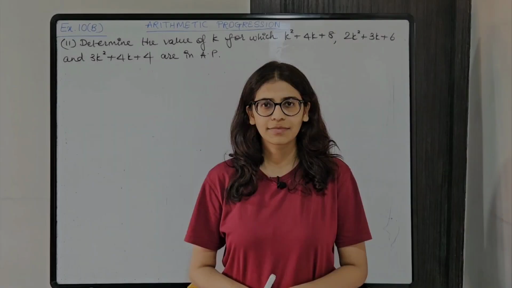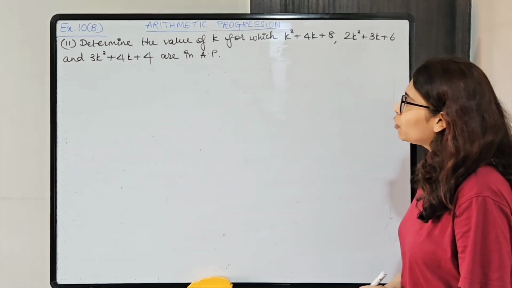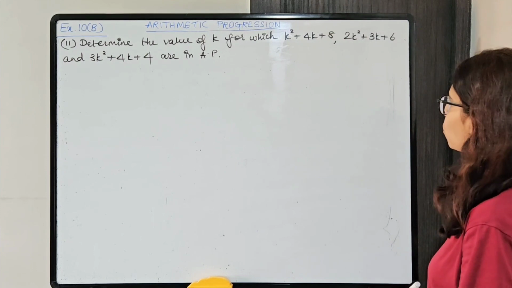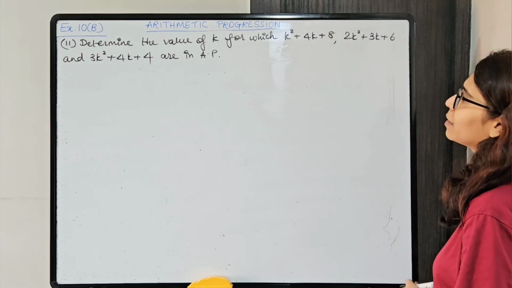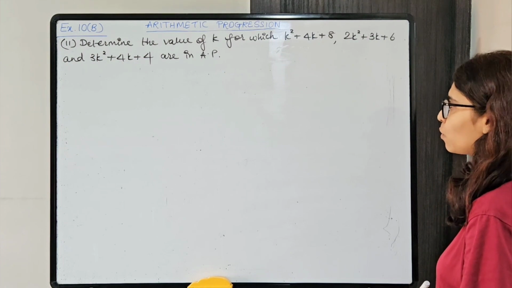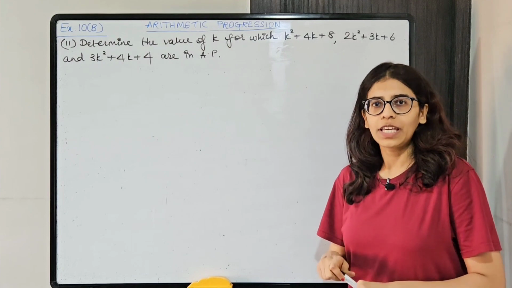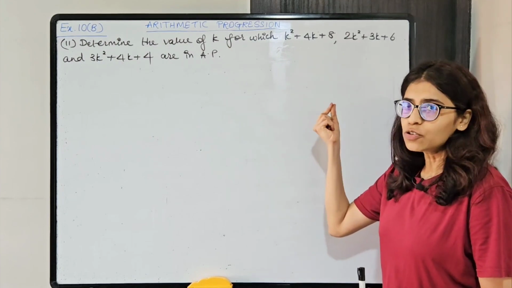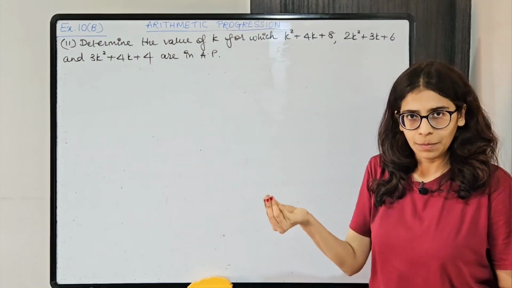Okay, next question, question number 11. Determine the value of k for which k square plus 4k plus 8, 2k square plus 3k plus 6 and 3k square plus 4k plus 4 are in AP. We have to find out the value of k, okay, for which the 3 terms are in AP.